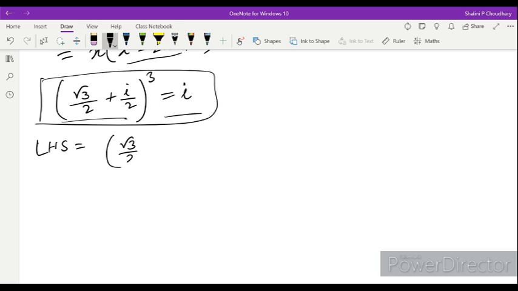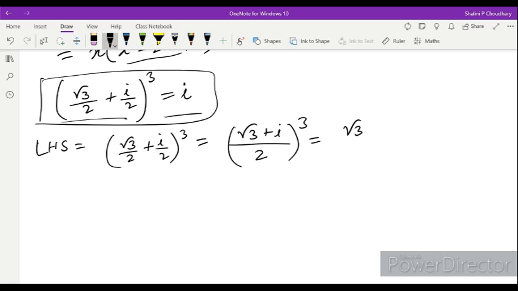Square root of 3 upon 2 plus i upon 2 cube, can we write like this, square root of 3 plus i divided by 2, we can take common, and cube. So square root of 3 plus i cube divided by 2 cube, and 2 cube is 8, so directly we can write 8.